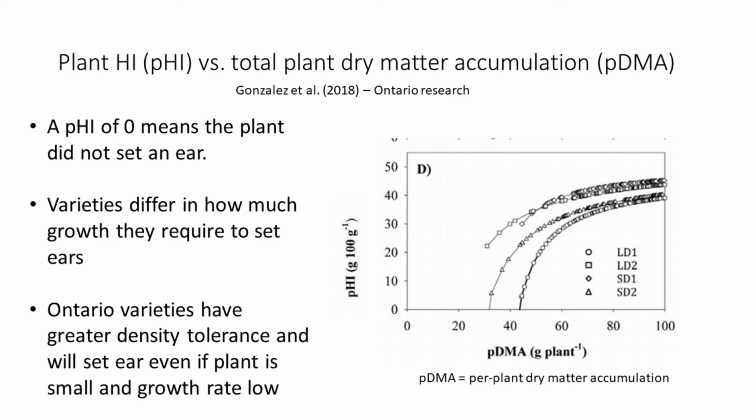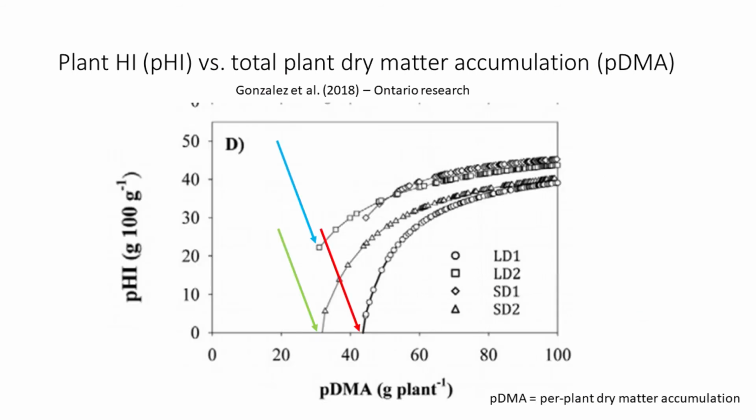The important thing to note here is to look at that x-intercept. Here we have the two x-intercepts from two different varieties or genotypes, one red arrow, one green arrow. The x-intercept shows the minimum PDMA required to have a harvest index of greater than 0.